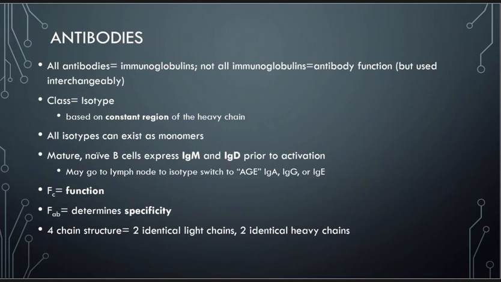But if you want to get real technical with it, immunoglobulin is the term that we use for the protein molecule that has that 4-chain structure with the 2 identical light chains and the 2 identical heavy chains. And we use antibodies for the term for the soluble protein that's not bound to a cell surface.